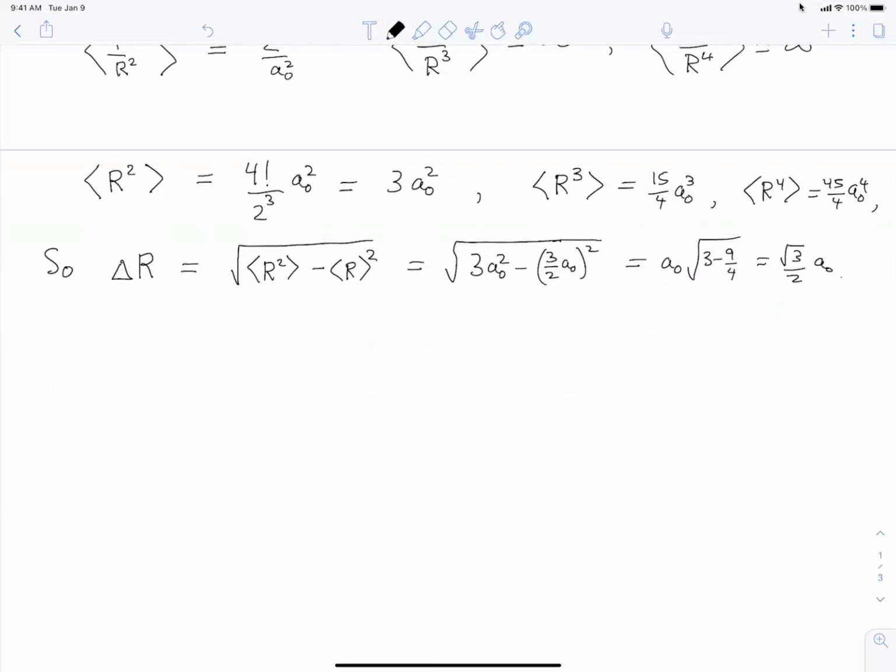We can also ask what happens to the momentum expectation values. So the first thing to note there is, let's say we're just going to calculate the expectation value of the momentum operator itself, which is a vector. And because it's a vector, it has to be 0 by symmetry.